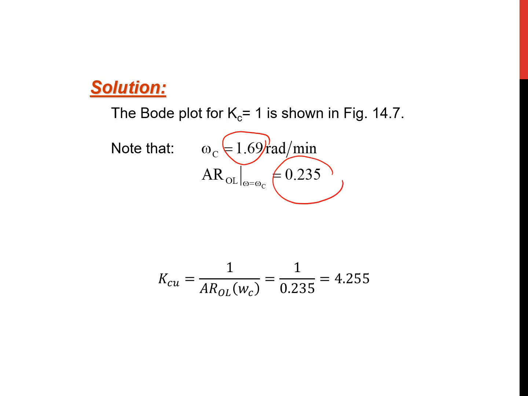So the question asks you to find first the critical frequency, which is 1.69, and then the maximum KC value. So here maximum KC value can be found based on the page in the textbook, page 263, equation 13.59, which is the KCU equal to 1 divided by AROL at WC.